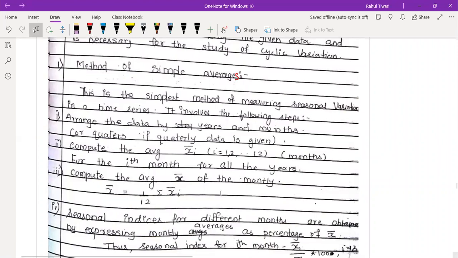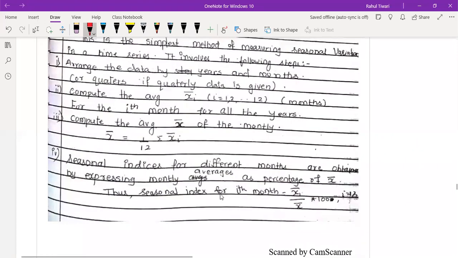And then, very important, seasonal indices for the different months are obtained by expressing the monthly averages as a percentage of x bar. Okay, so we need to express that to compute the seasonal indices.